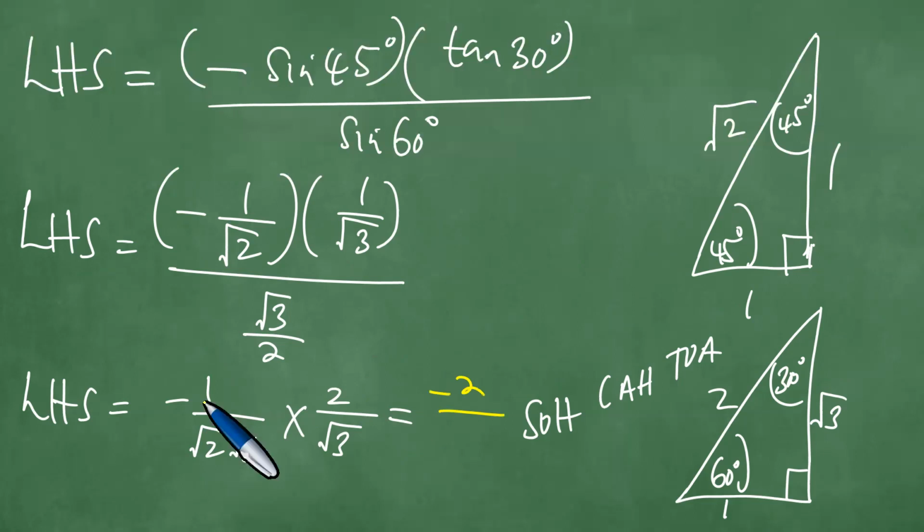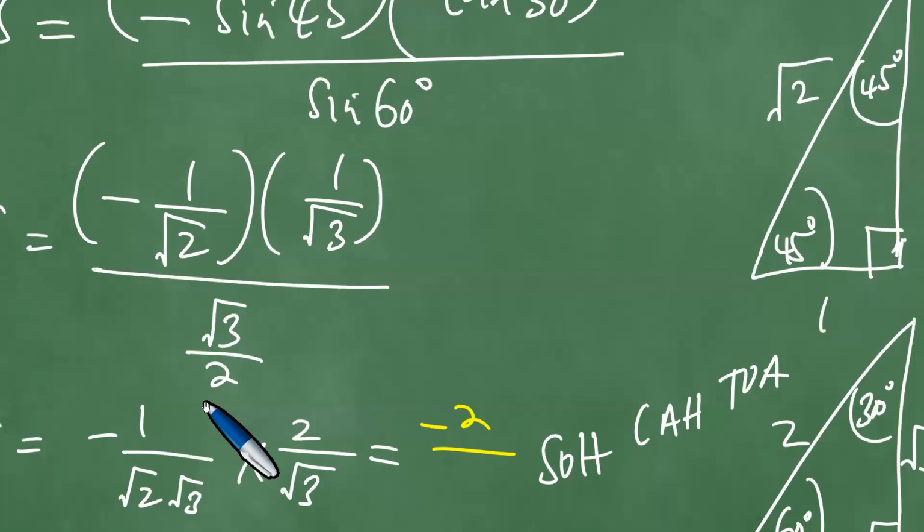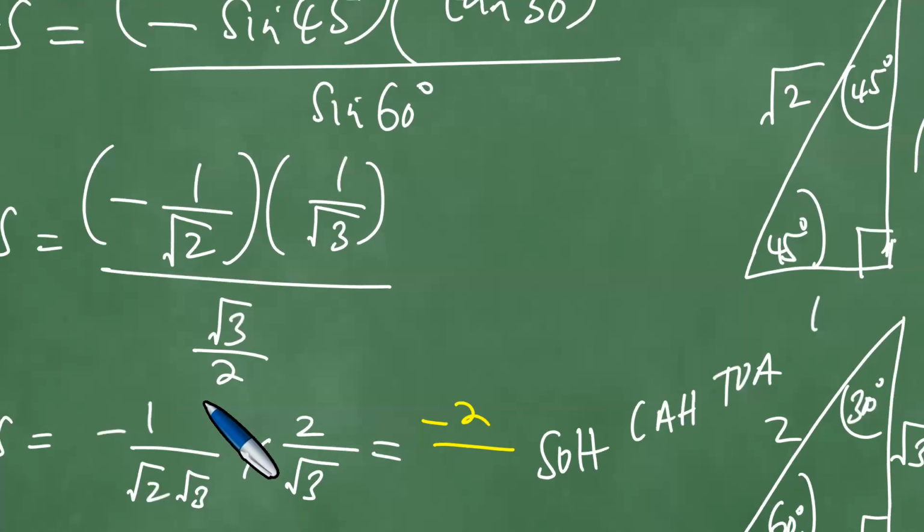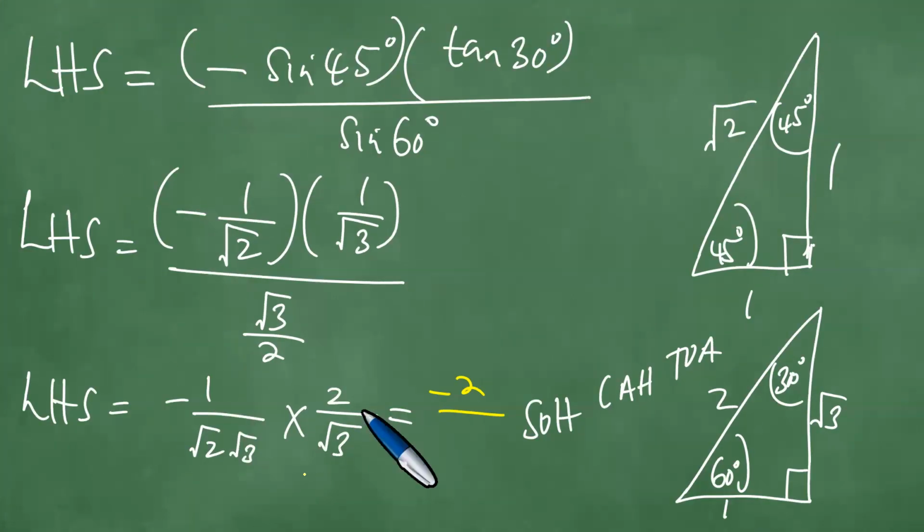minus 2 over 2 root 3. Please come again. It's going to be negative 2 over 2 root 3. Negative 2 over square root of 3 by square root of 3.